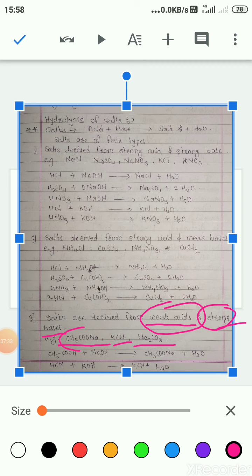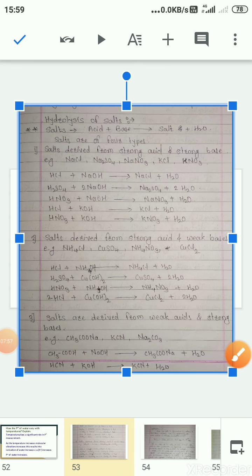First example is sodium acetate, with CH3COO minus anion and Na plus cation. That means we can assume the strong base NaOH reacts with acetic acid. It gives sodium acetate plus water molecule.